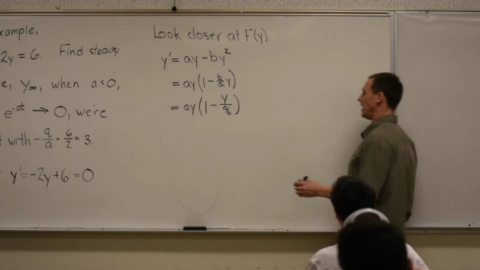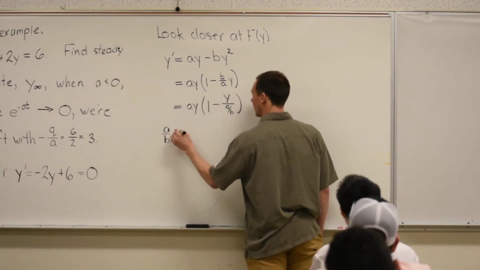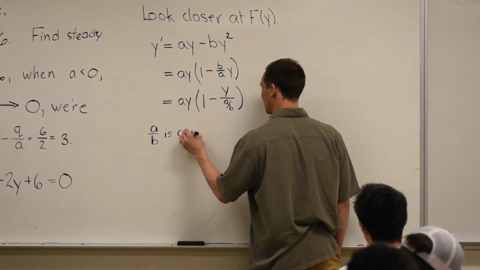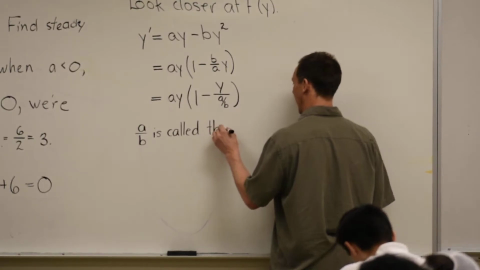So, a over b is called the carrying capacity.